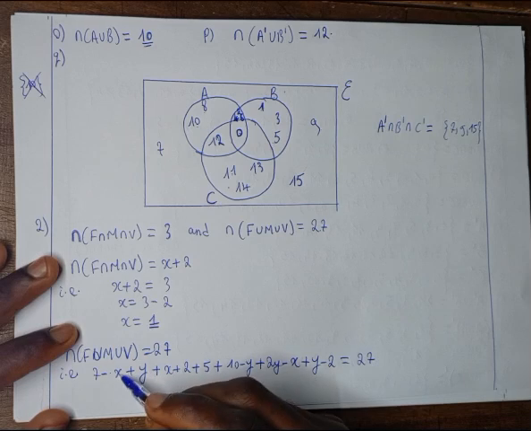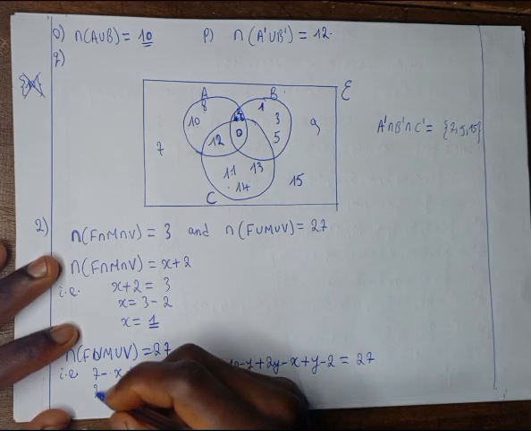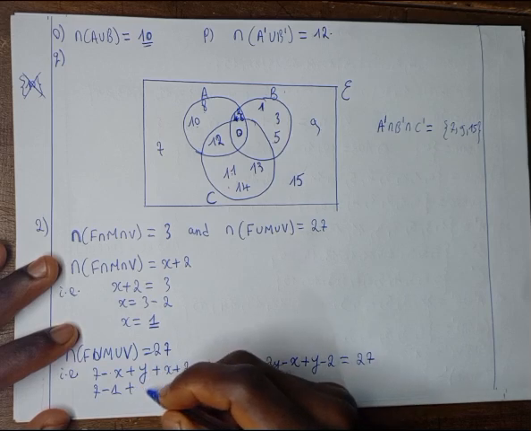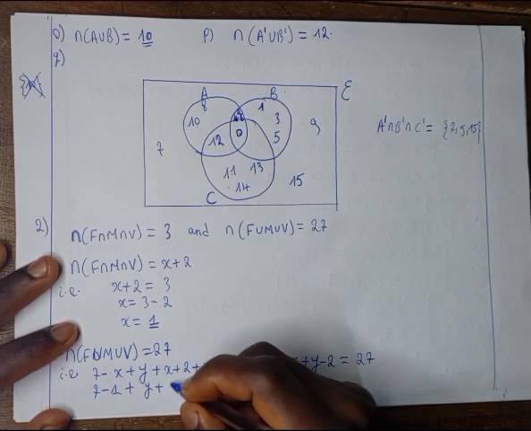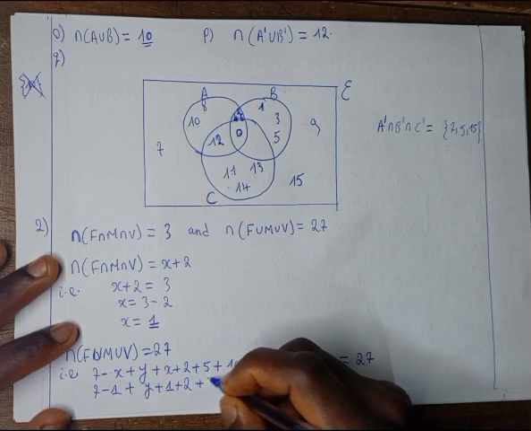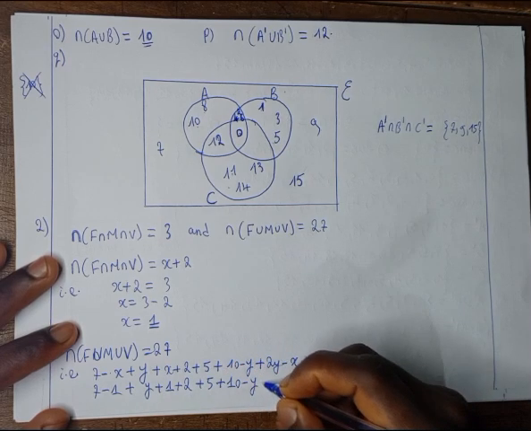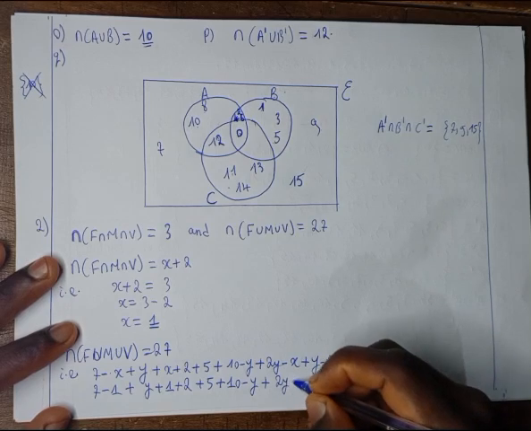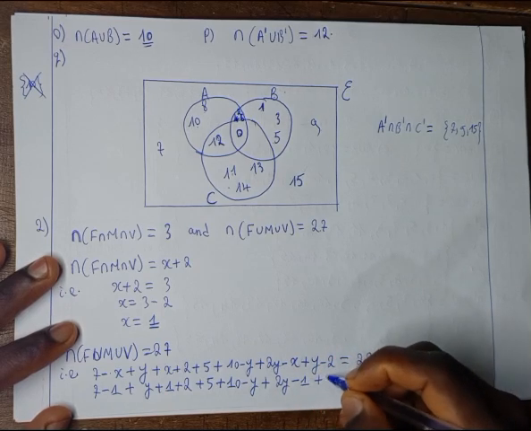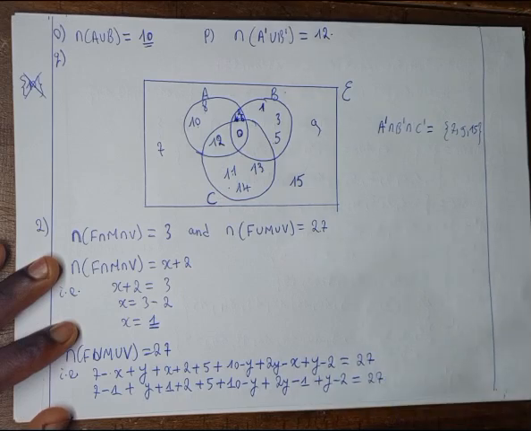We know the value of x. X is 1. So we are simply going to replace x here. This will give us 7 minus 1 plus y plus 1 plus 2 plus 5 plus 10 minus y plus 2y minus 1 plus y minus 2 is equal to 27.